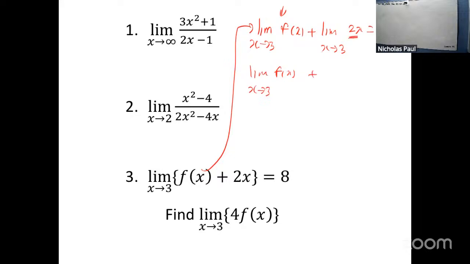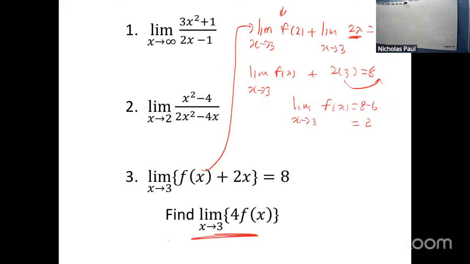But I can simplify 2x and I'll get 2 times 3 is 6. So when I move it across, I'll get the limit as x approaches 3 of f of x is 8 minus 6, which is 2.